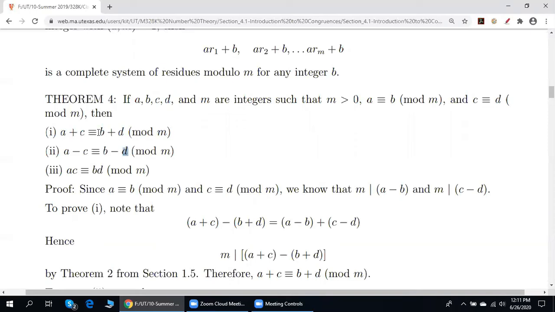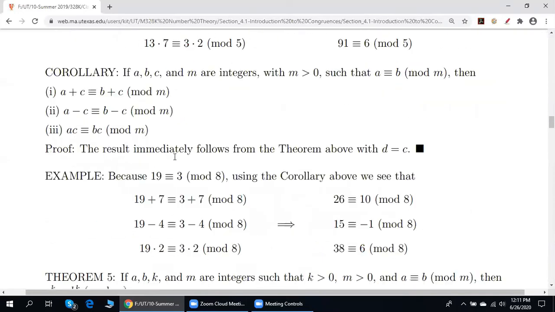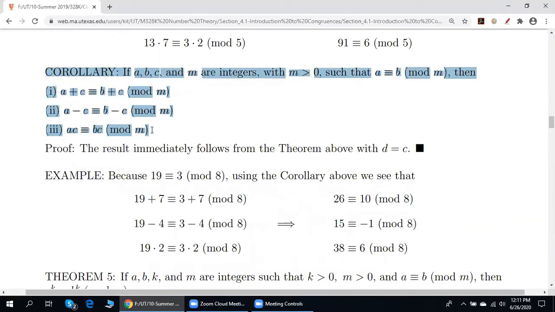A plus C is congruent to B plus C modulo M. This becomes A minus C is congruent to B minus C modulo M. This, AC is congruent to BC modulo M. It's exactly what we have here.